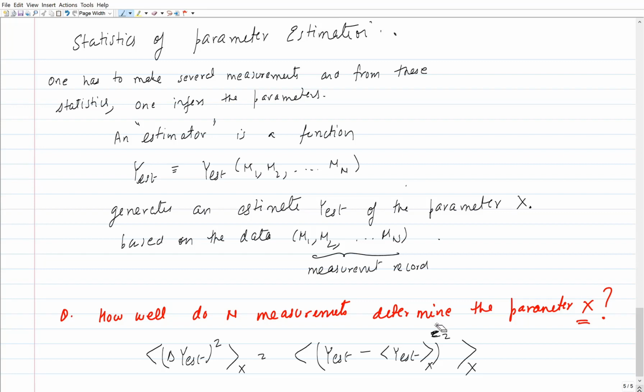The variance captures how well one is doing in parameter estimation.